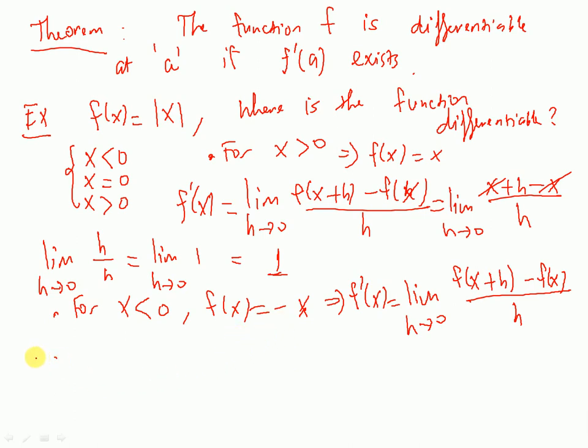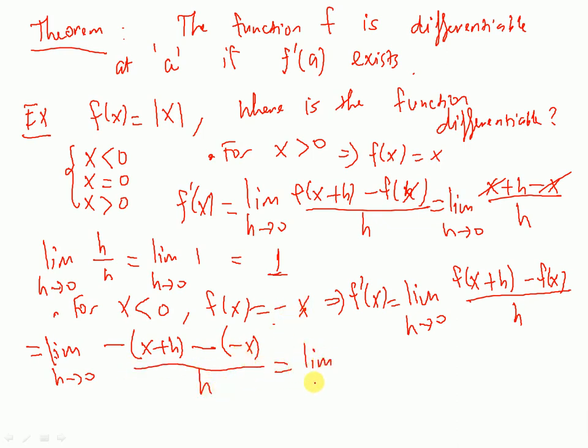We have the function f, which is minus x, so we wrap this whole thing and plug it in the place of x. So minus of x plus h, and then minus f of x, which is minus x here, over h.